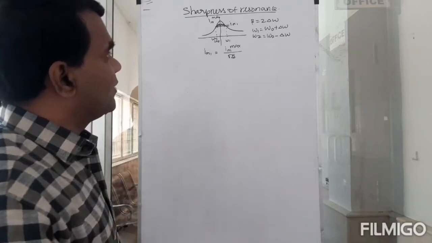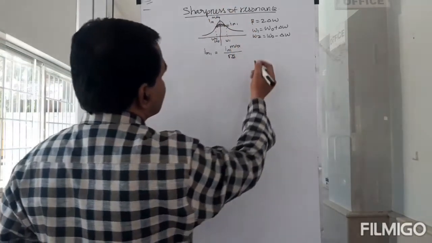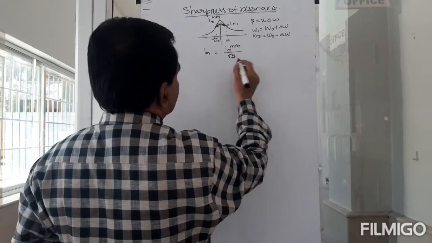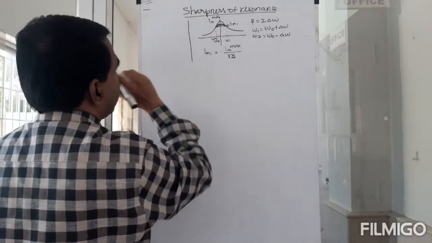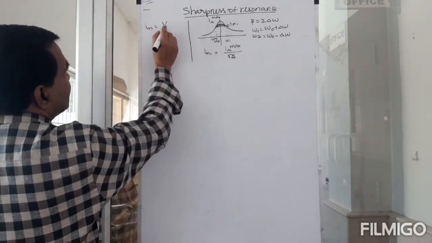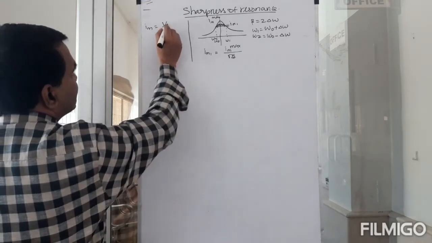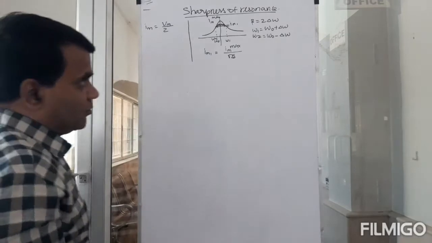But what is IM max? What is IM, for example? IM is simply Vm by Z. This is a general formula.